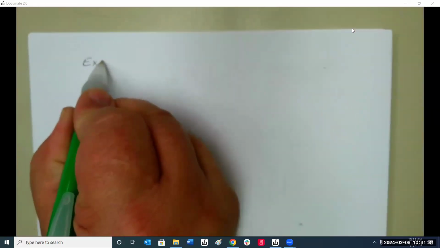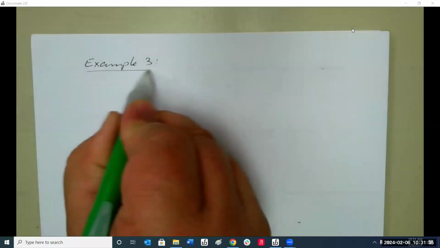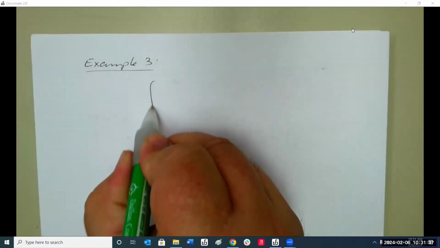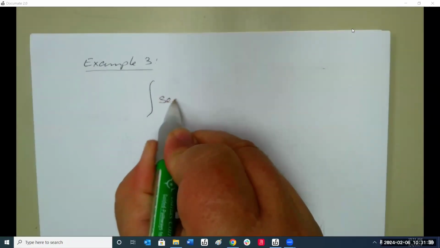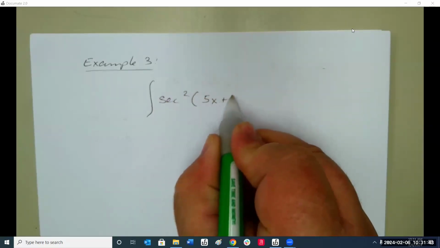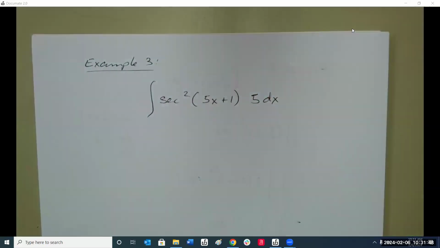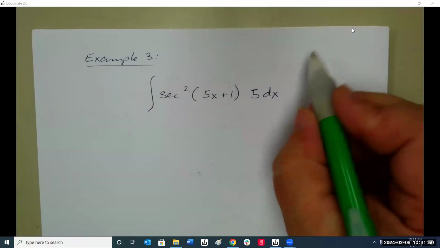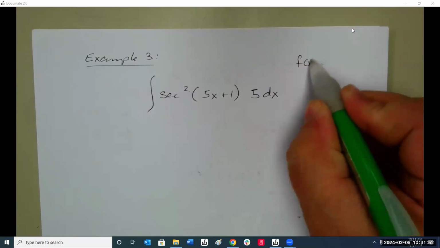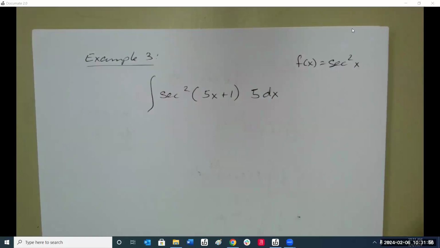So example 3. The integral of secant squared 5x plus 1, 5 dx. So the function f of x is secant squared x.